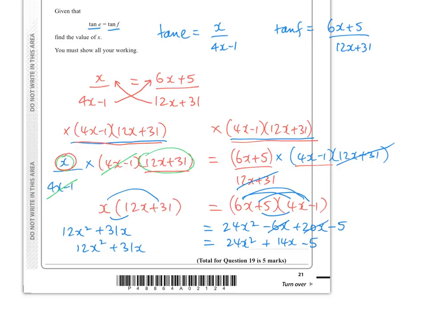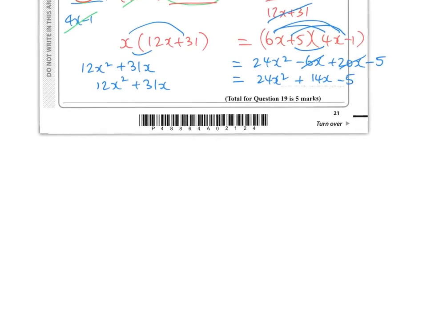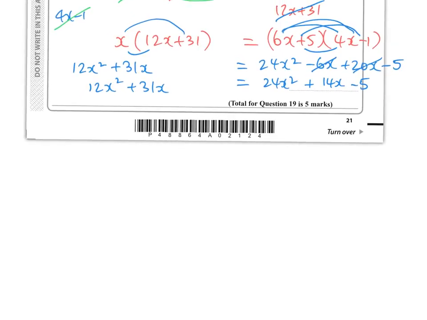So what I'm going to do is move this up a little bit to give us a bit more room. So from here, what do we do next? Well, I think I'd get the x squared terms, the x's and the numbers all on one side. And as I've got more of the x squares here, I'm going to start by taking 12x squared from both sides.